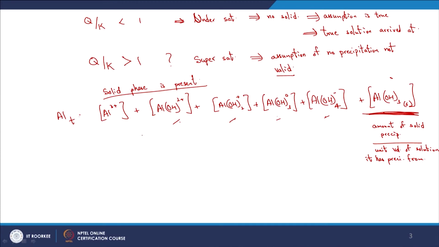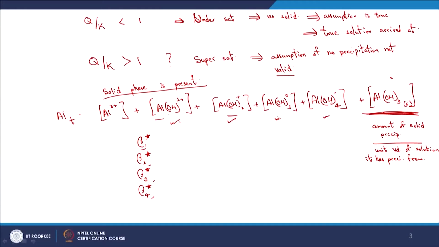Earlier, you could use beta 1 star, beta 2 star, beta 3 star and beta 4 star to express these 4 complexes in terms of Al3 plus. All these complexes use the constants beta 1, 2, 3 star, which come from your equilibrium constants for the direct and protonated addition of your particular complex formation.